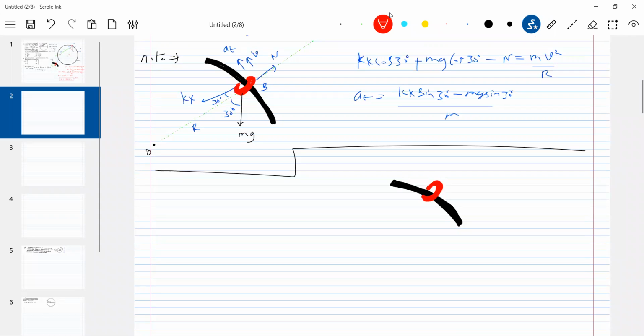So I'll slightly slide up. Now what are the forces that are acting? This is the center of the circle. Okay, this is a normal. There's a point O. Now what are the forces acting? mg. Spring force, I'll show like this.